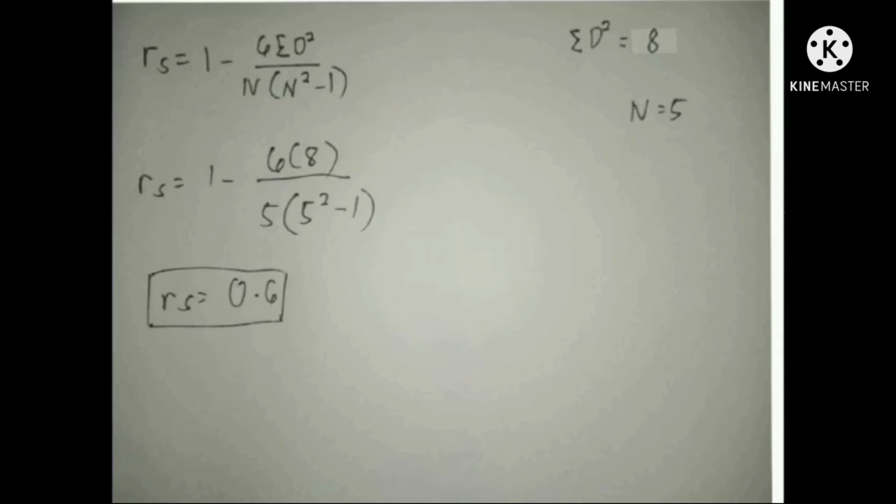So substitute the numbers: 1 minus 6, bring down the 6, then the summation of D squared is 8, then N is 5, then 5 squared minus 1.